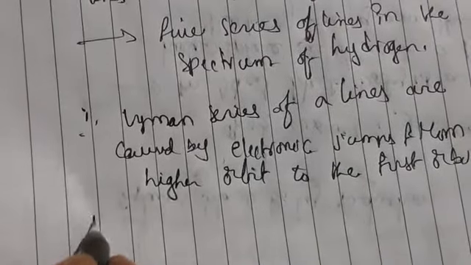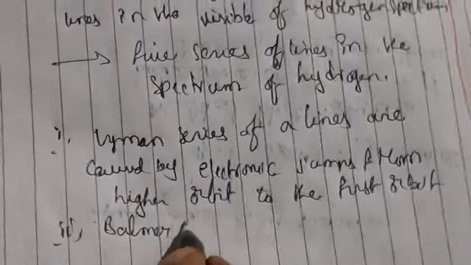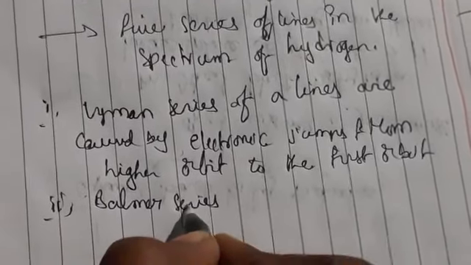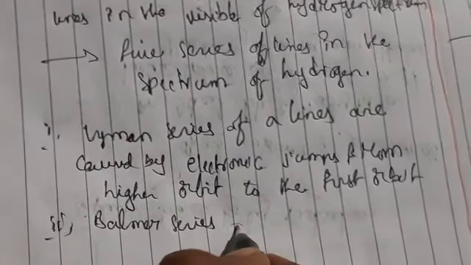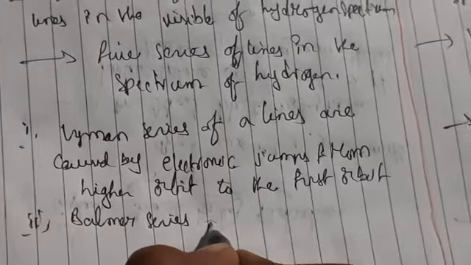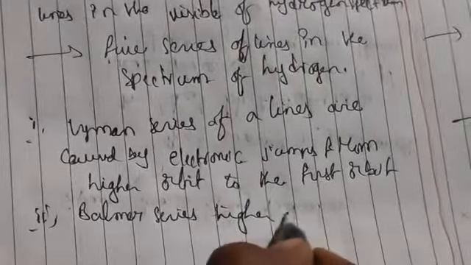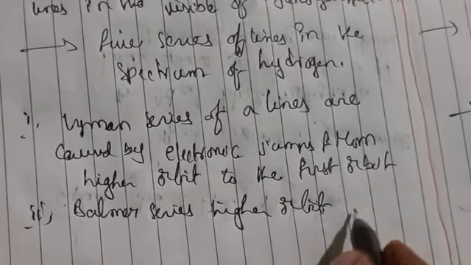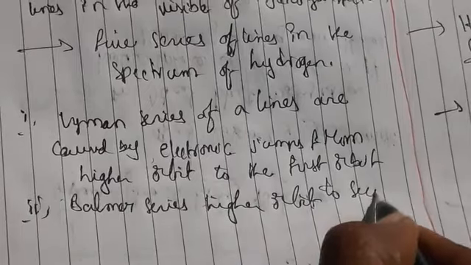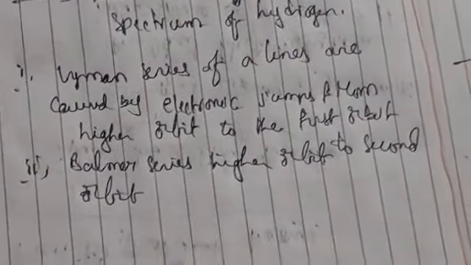What is the second one? The second one is in the presence of UV light, the spectral region. Next we get the Balmer series. The Balmer series of lines is the second, from higher orbits to the second orbit, in the presence of visible light.